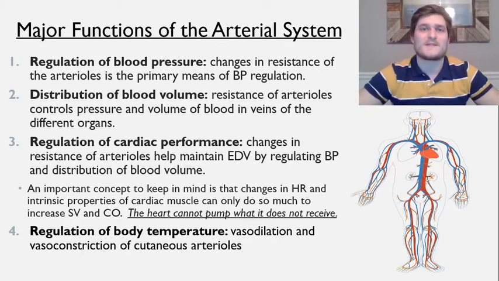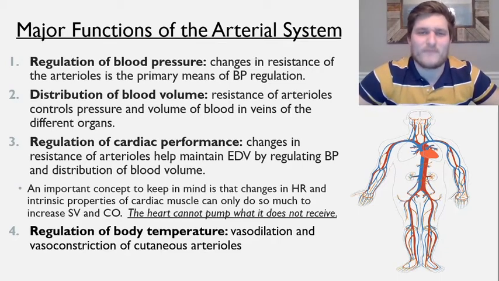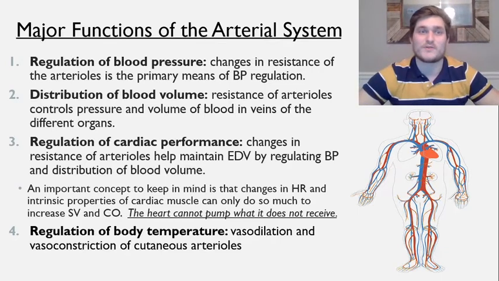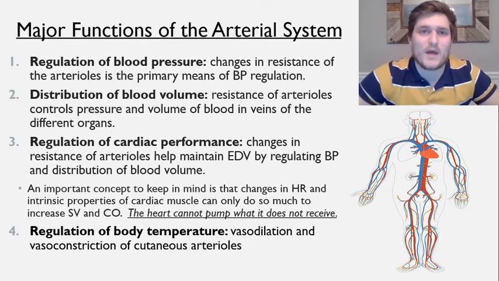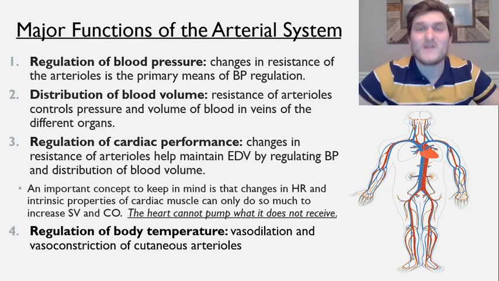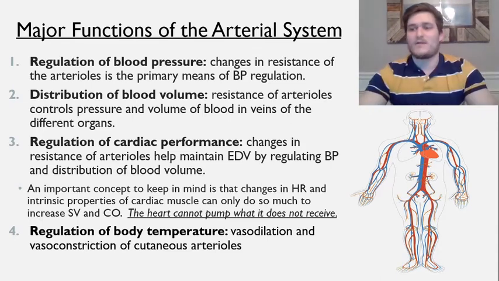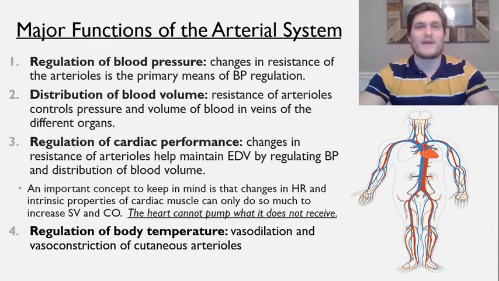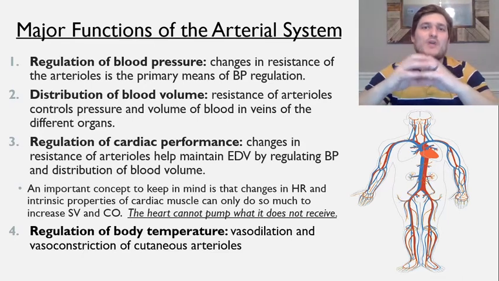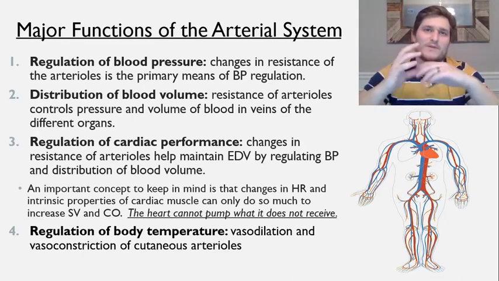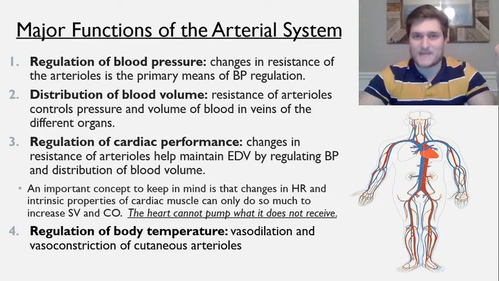The arterial system has many different functions, and some of the major functions include the regulation of blood pressure. We talked about how our arterioles, depending on what environment we're in and what sort of activities we're undergoing, can change their radius due to the contraction of smooth muscles that surround them.